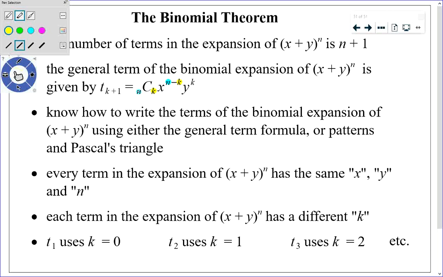Of course, x is going to be whatever the first term of your binomial is, and y is going to be whatever your second term is. So it's really just a matter of lining up or fitting in the different pieces in the question, (x + y)^n, putting them into the general term.